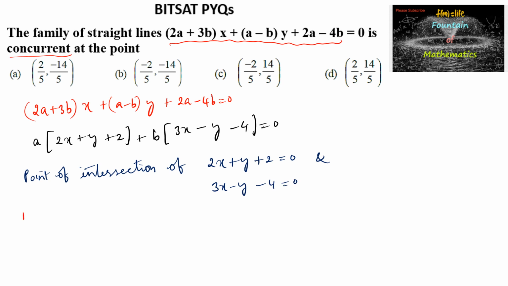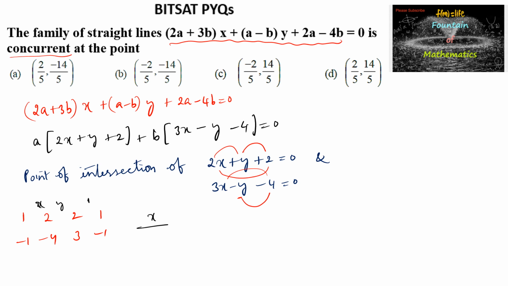So we can start here by using cross multiplication: 2, 1, 2, and the next equation, −1, −4, and again 3, −1. Here, the first two columns are for x, the next two columns for y, and the last two columns for the constant 1.